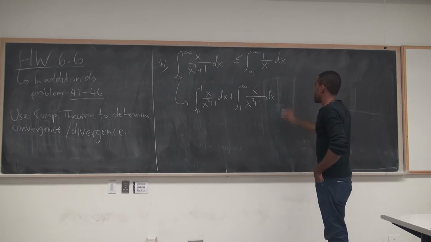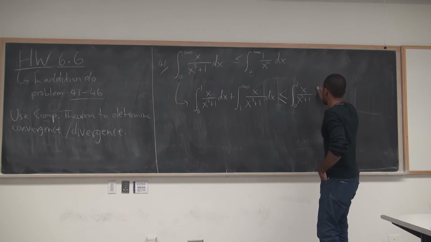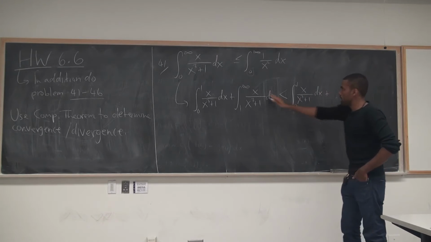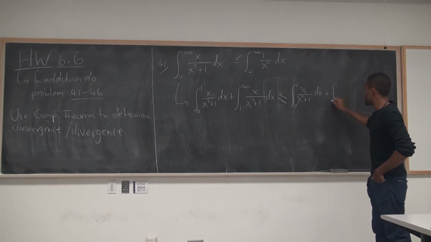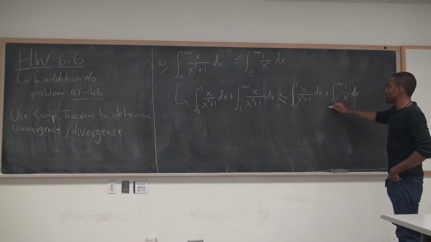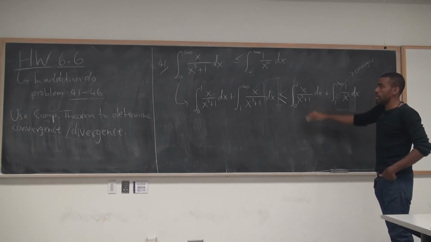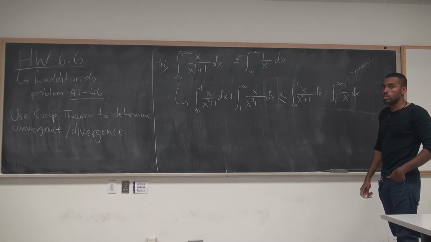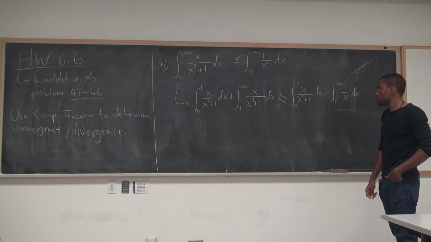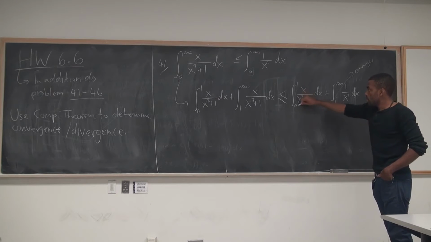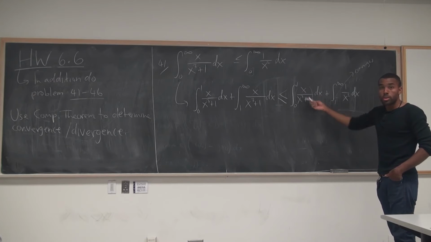Now clearly that's less than or equal to the integral of x over x cubed plus 1 dx, plus, and now I make this denominator smaller so I get something bigger. This guy we know converges. What about this guy? How do you know that converges? It's not improper on this interval.